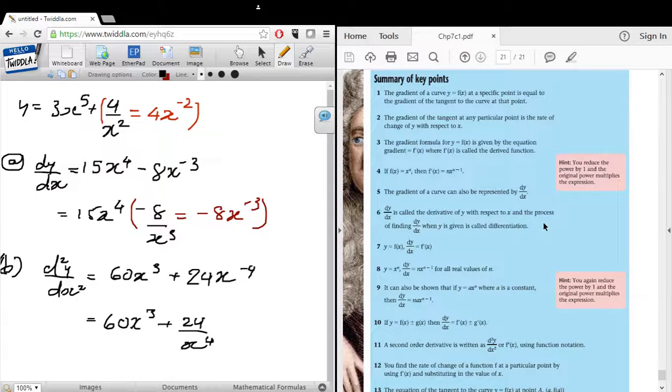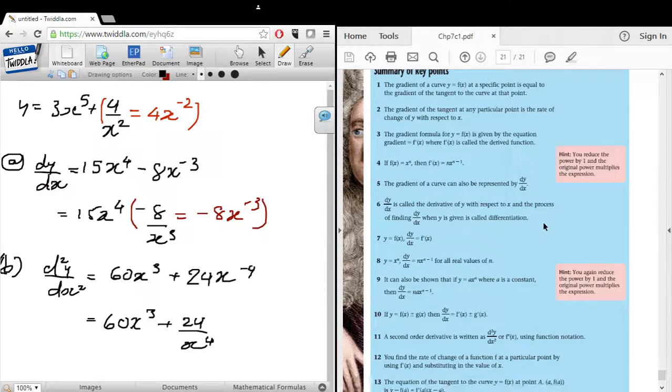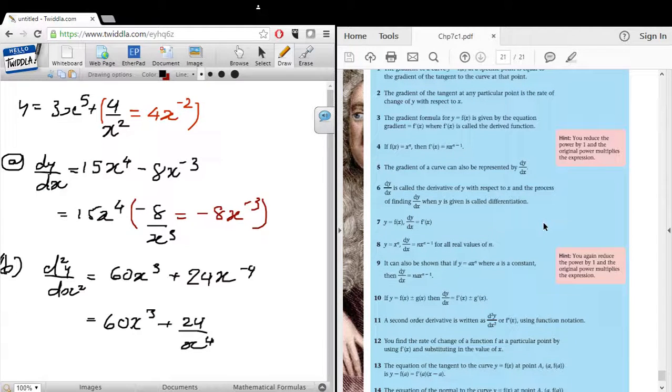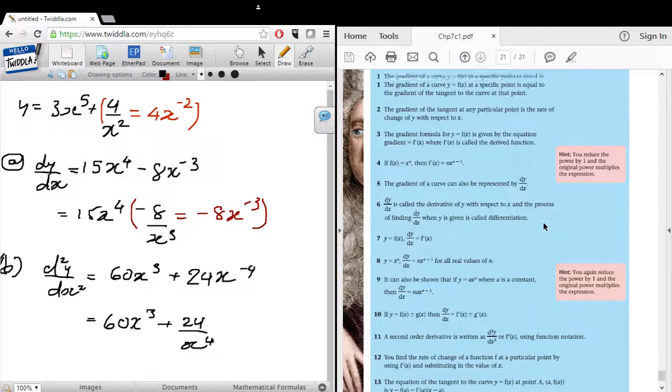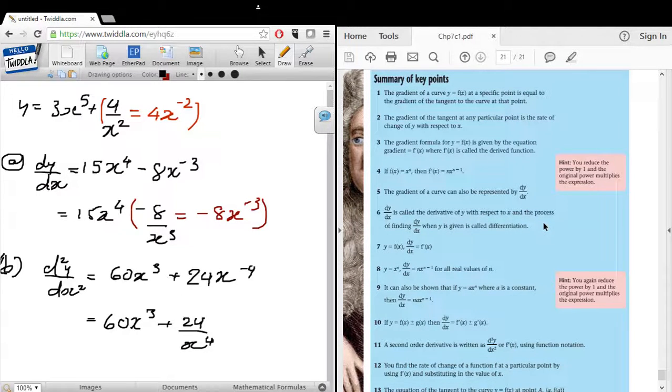Summary of key points. Once again, we've come to the end of this chapter, and it's very important for you to appreciate the summary of key points. One thing I would mention at this point, now that we've come to the end of the penultimate chapter and are about to start the last chapter of the C1 book, is that you should have a folder with all the summary of key points, whether that's an A4 folder or a book where you've written them all down.